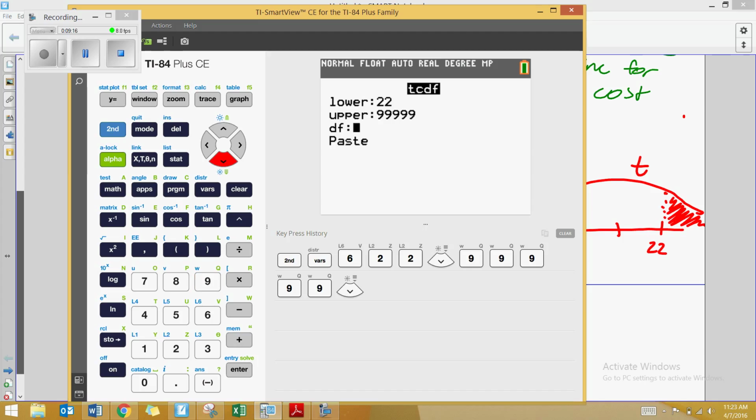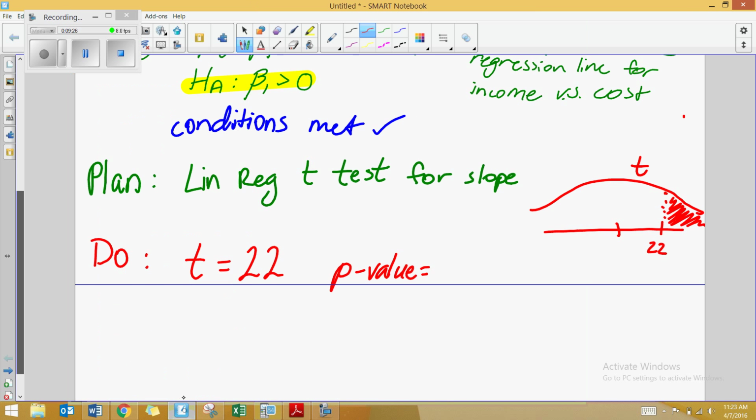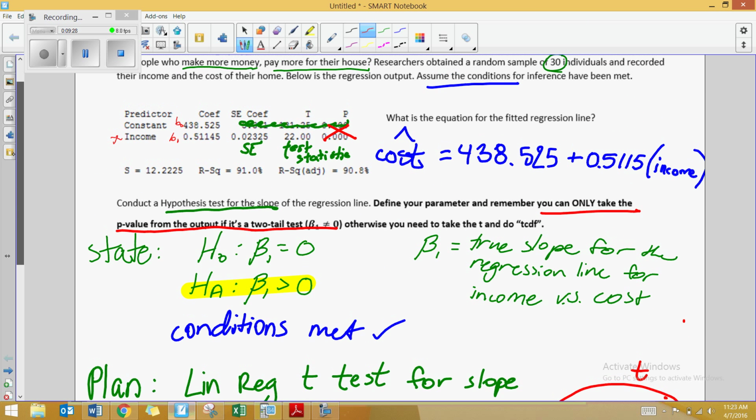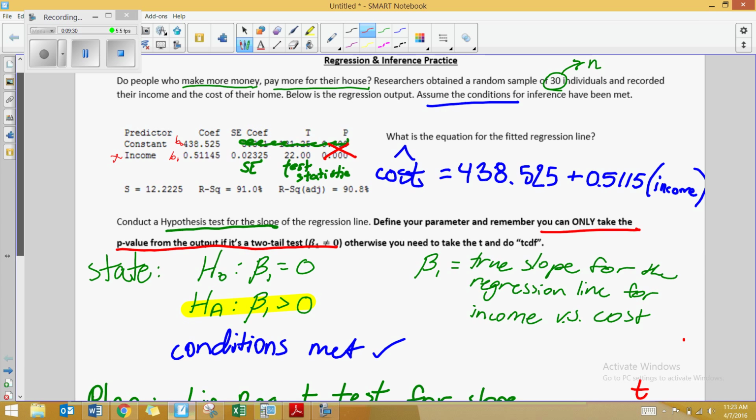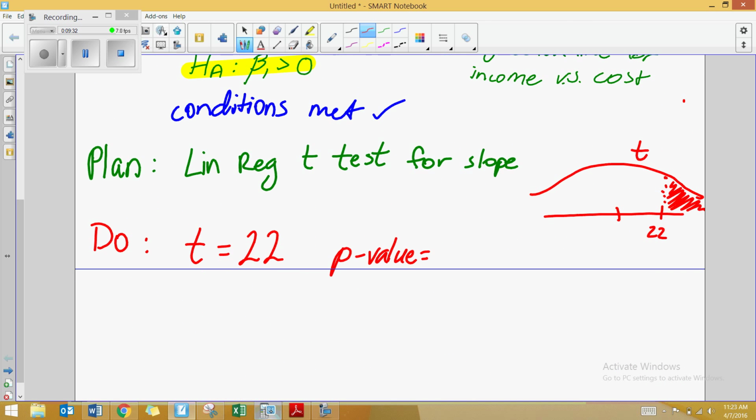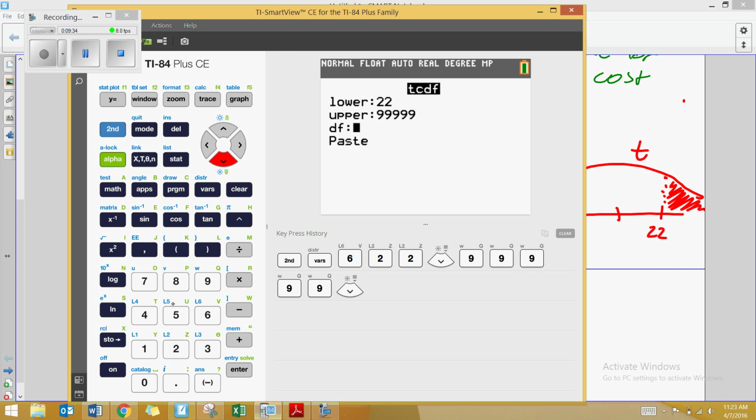And then our degrees of freedom. Our degrees of freedom have to be calculated by taking our sample size and subtracting 2. So let's jump back to our problem and look at the sample size. The sample size is 30. So I'm just going to do 30 minus 2. 30 minus 2 gives me 28.